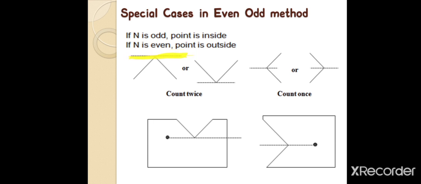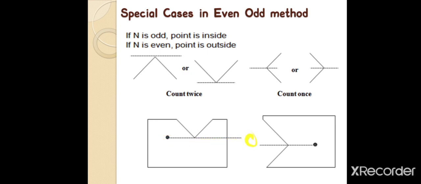So here is the line, here is the vertex. If this is your intersection point, and both of these edges lie on the same side of the intersection line, at that time we have to count it twice. This is the example. Suppose this is the line that we have constructed. We want to check whether this point is inside or outside.